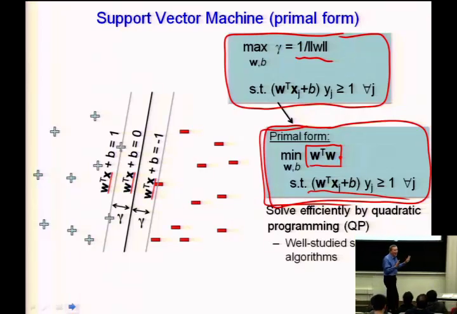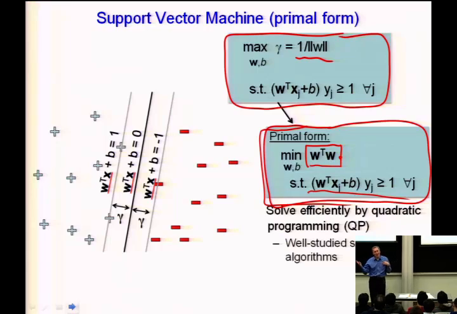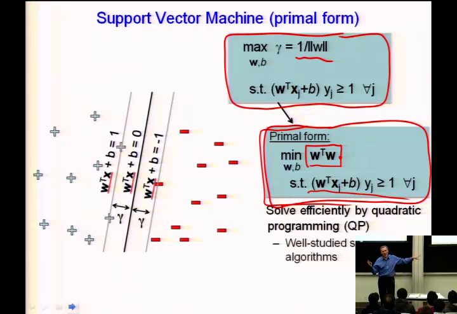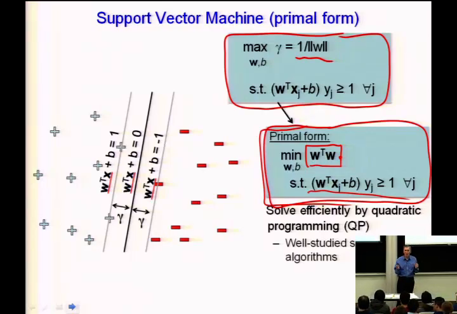So that's a great class of optimization problems because we don't have to write the optimization algorithm. People who are very smart have worked on these kind of optimization problems for a long time, and they can be solved. And furthermore, they have a local optimum, which is also the global optimum.